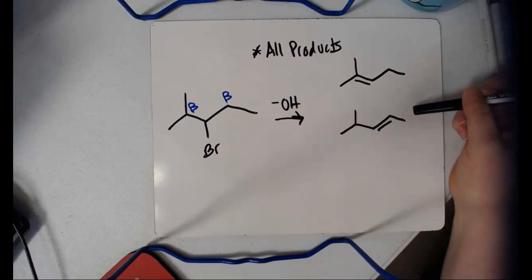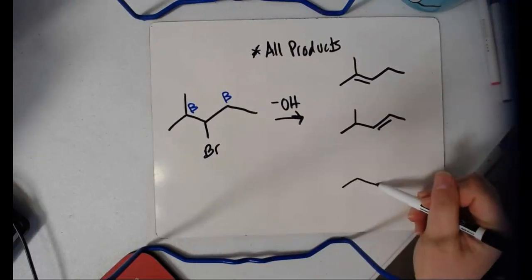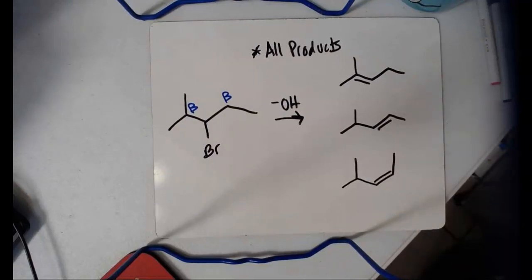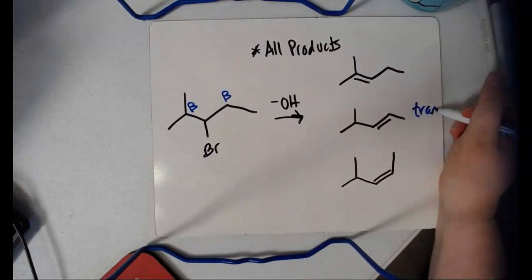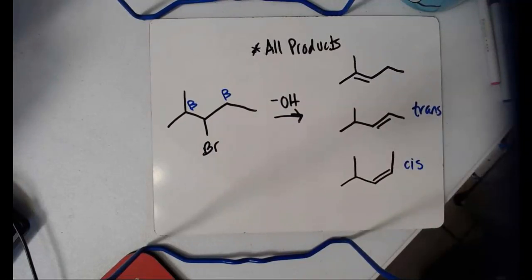So this one is drawn as trans, but I could have also drawn it as a cis double bond. So that's something that we're going to have to consider as we move into our next section.